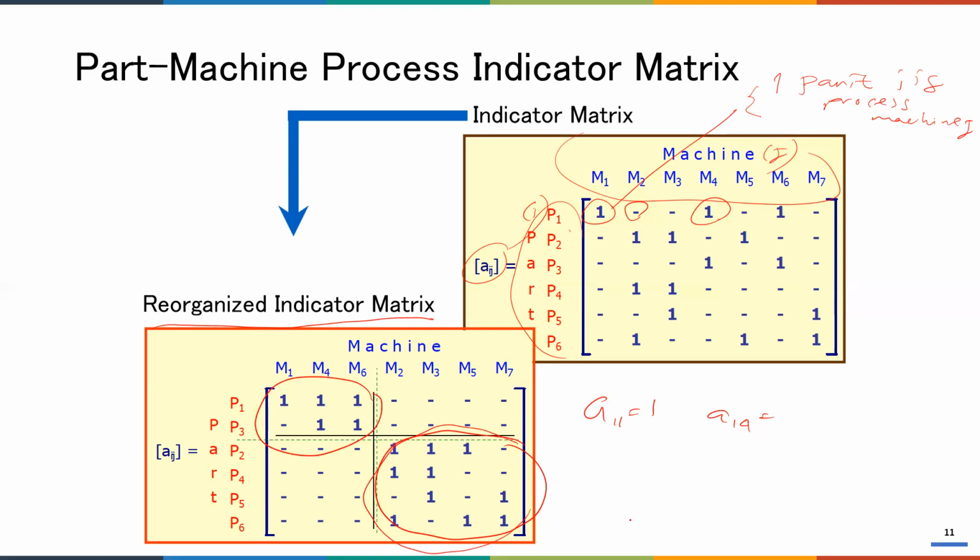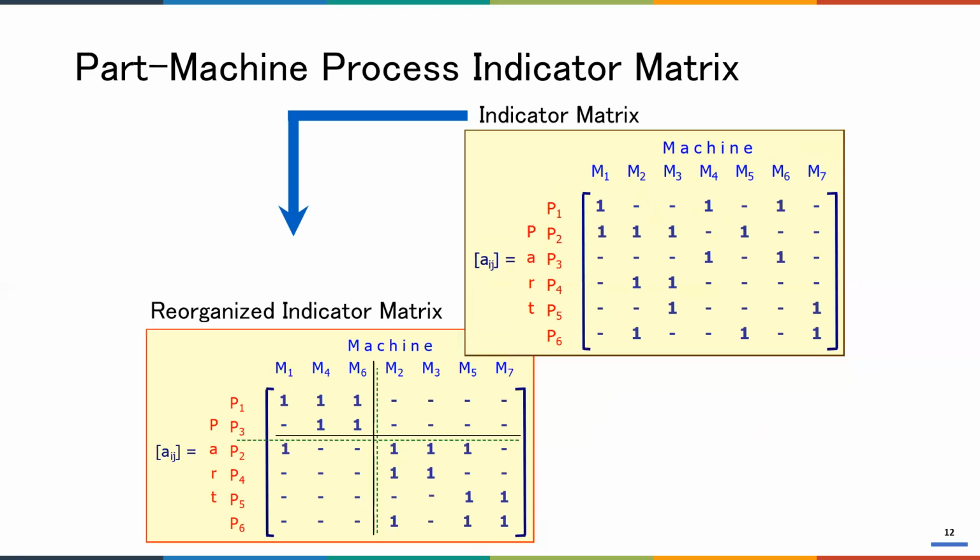How do we evaluate whether our cell manufacturing is better or not? By calculating the material movement cost. It's quite mathematical, like we already learned before. Let's say we have a different type of indicator matrix here, and it's a bit more complicated.